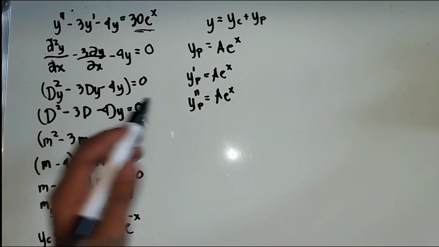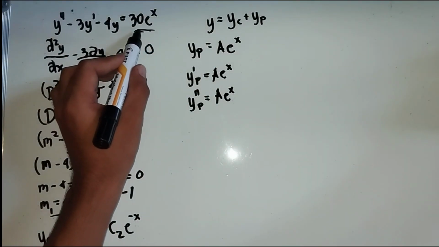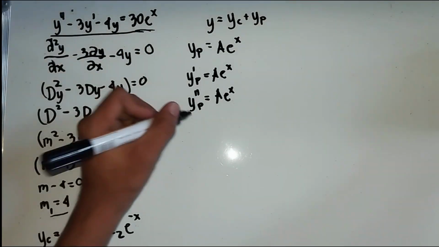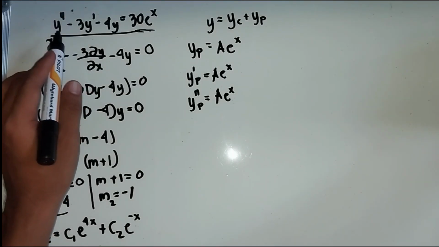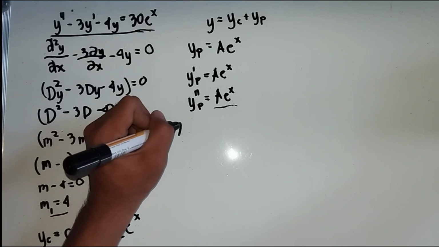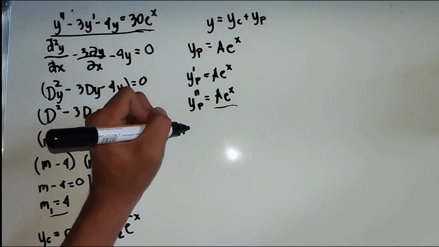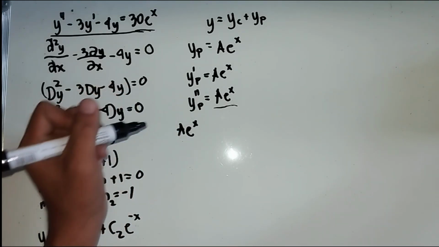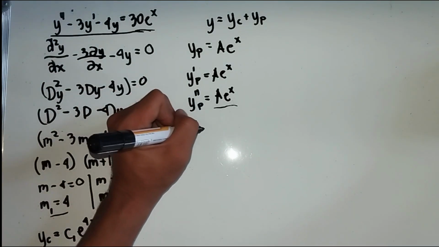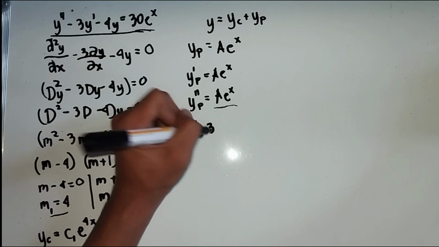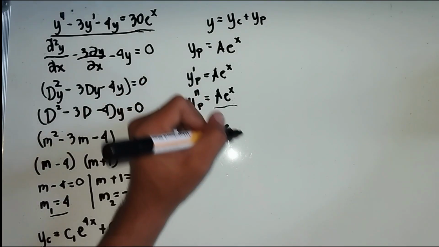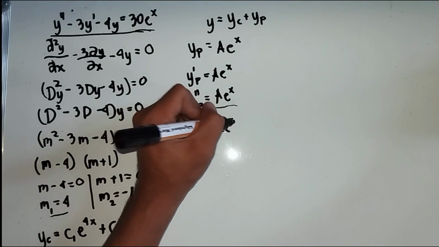Now we substitute it into the equation. So we have y double prime, which is this value here, equal to a e to the power of x. Then we have 3y prime, so this is minus 3 times a e to the power of x, since y prime is the same.